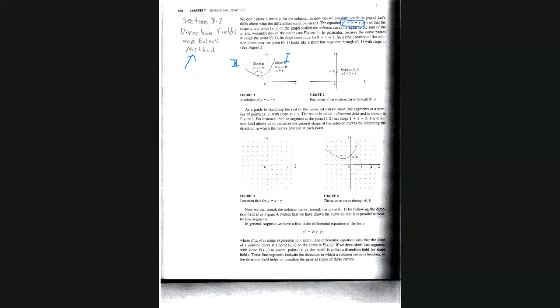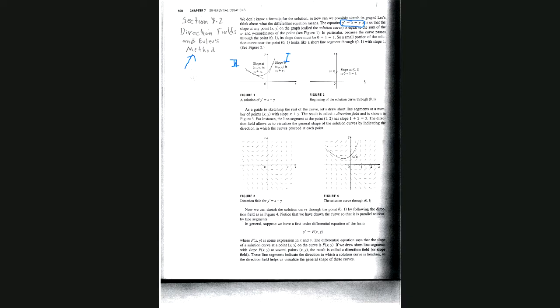The point x2, y2 is just in the first quadrant, and they're drawing a tangent line with a positive slope. Why must the slope be positive?